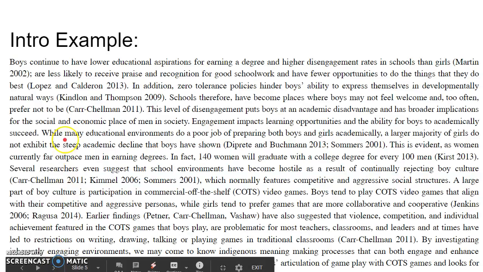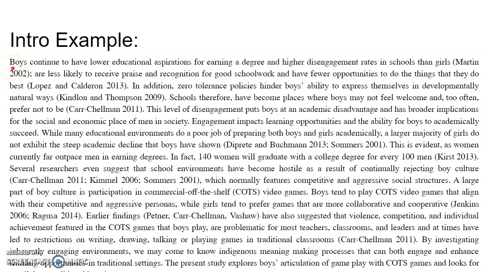So for example, if I look at this in the exemplar posted, this is about video gaming and how it could be helpful to males in school. The intro sentence says, boys continue to have lower educational aspirations for earning a degree and higher disengagement rates in schools than girls, are less likely to receive praise and recognition for good schoolwork, and have fewer opportunities to do the things they do best.